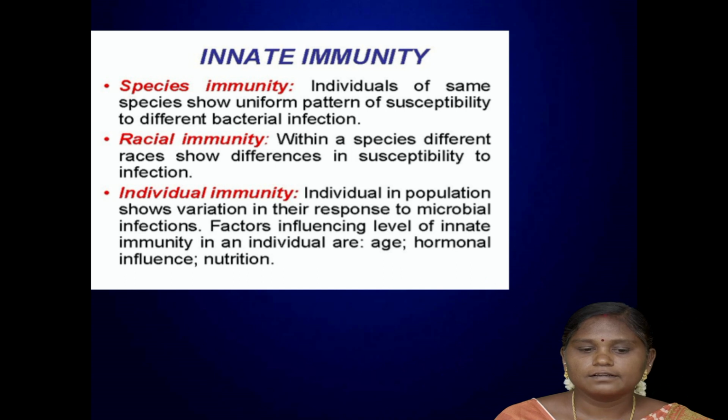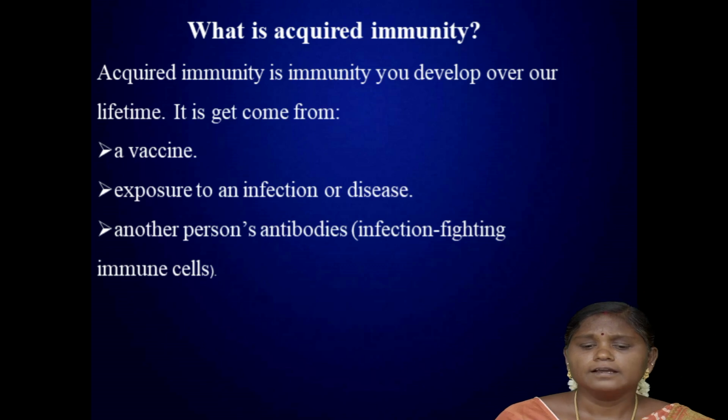Okay, understand, girls, what is species immunity, racial immunity, and individual immunity. Another type is acquired immunity. The first one is innate immunity, and the second one is acquired immunity.